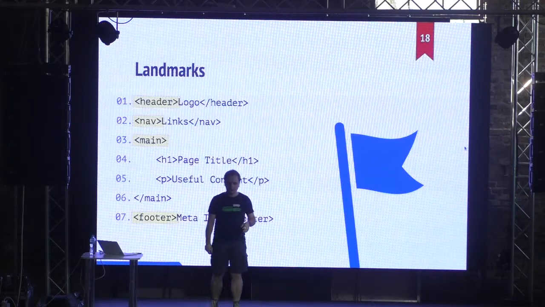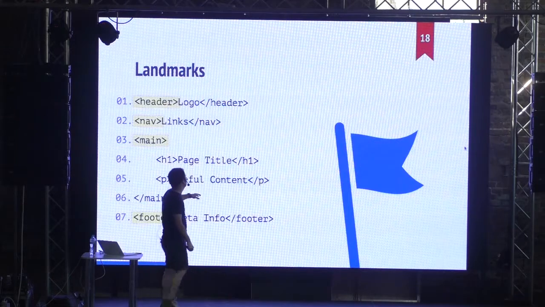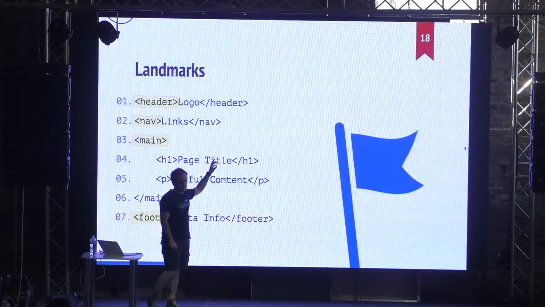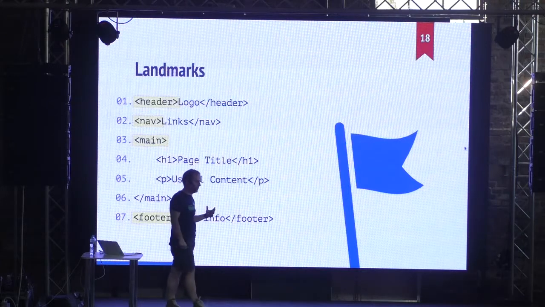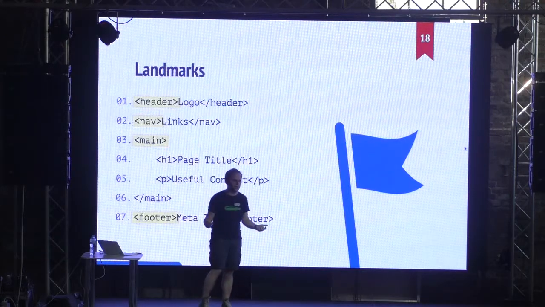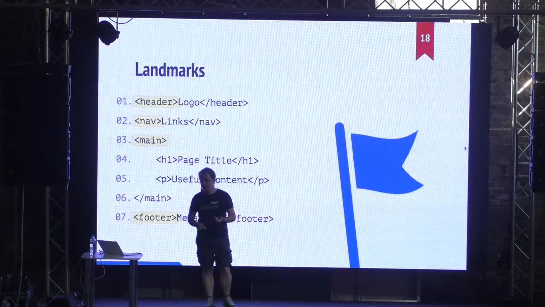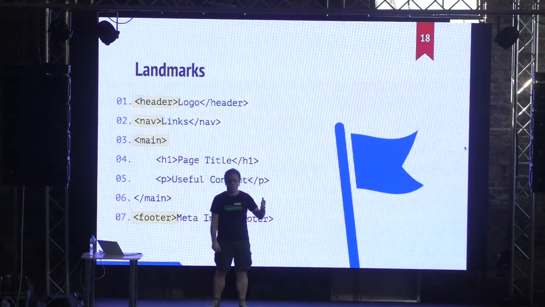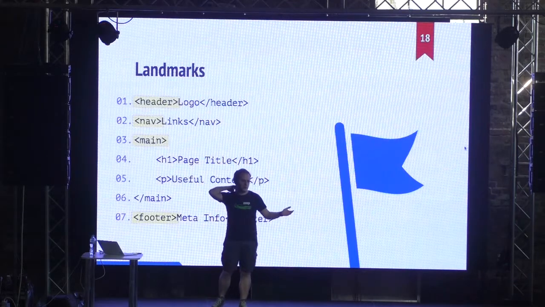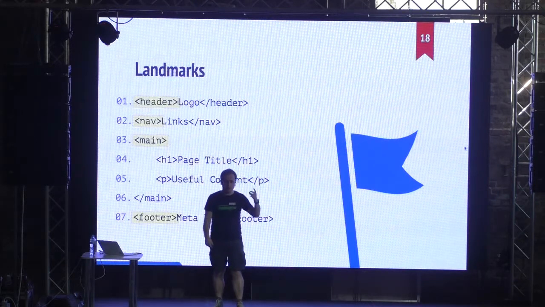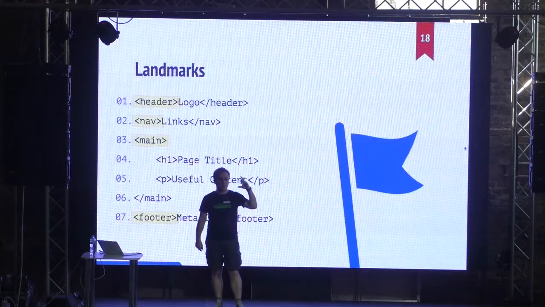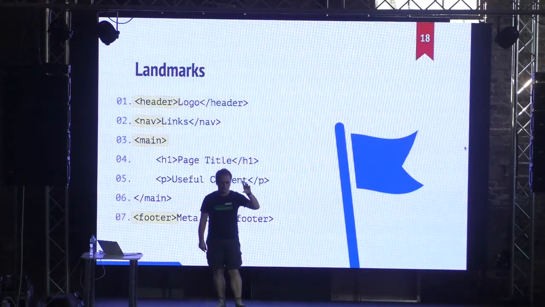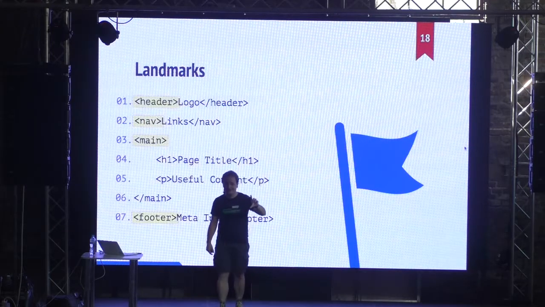The same applies to your pages. Once you have a header, the screen reader will expect something like a typical header on a typical site, menus, search, etc. Once you get a navigation landmark, it will expect some navigation links. In the main element, one and the only main element on a page, it should be one and the only. Repeat after me. One and the only. Thank you.